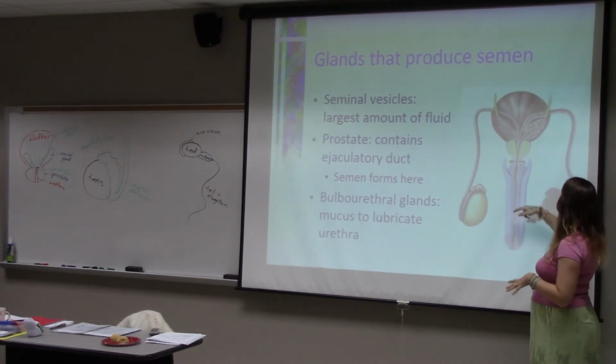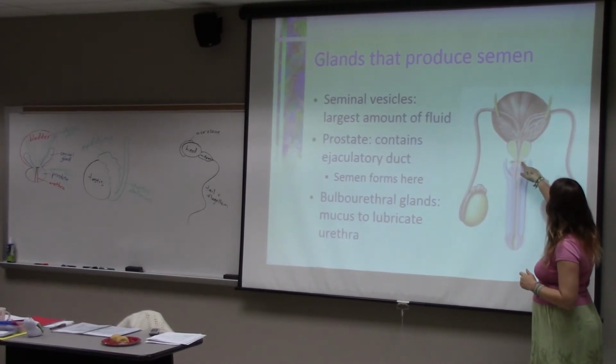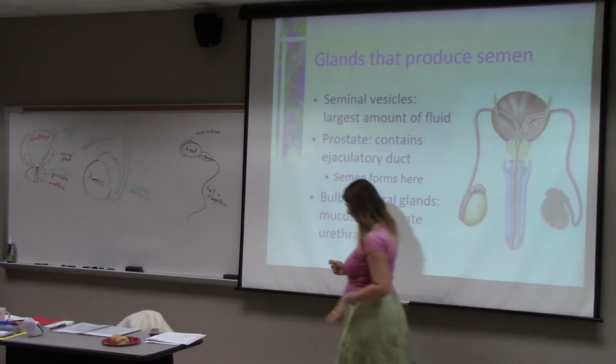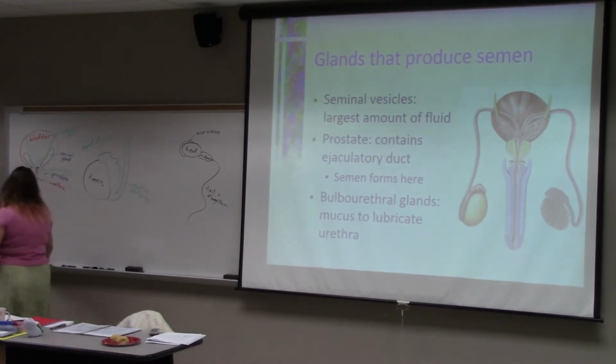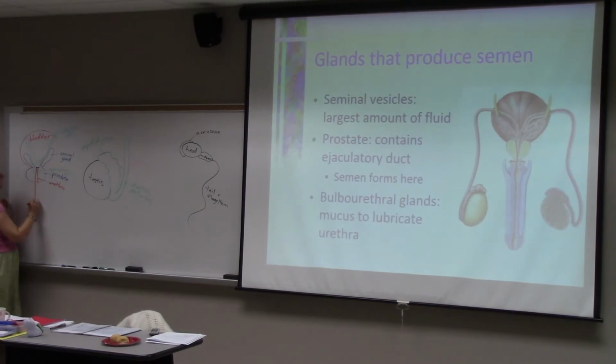And then there's one other set of glands below the prostate called bulbourethral glands. That's a pair, one on each side of the urethra.